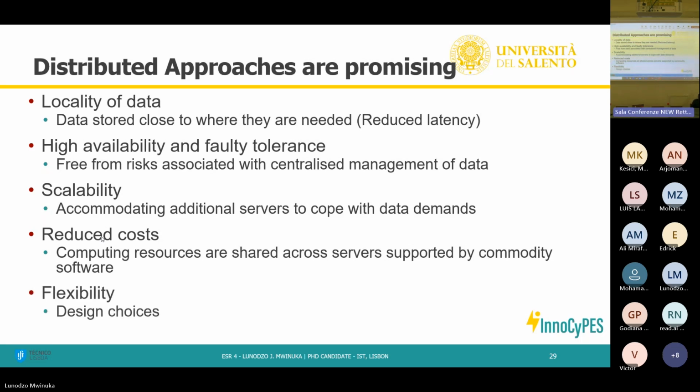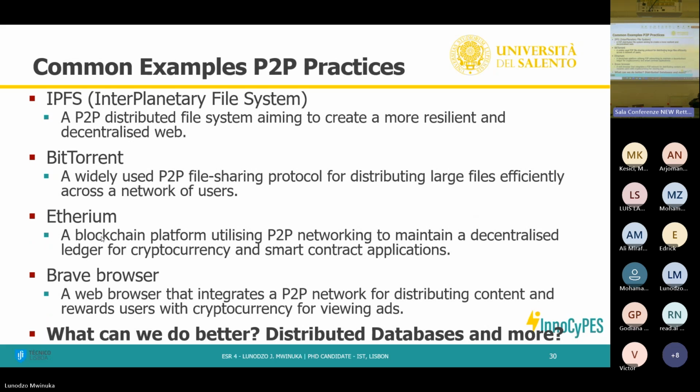One of the very important reasons is flexibility in terms of design choices. You can design in either way to fit your requirements, because now we have several requirements. In energy systems, we are looking at a certain perspective. And even in energy systems themselves, the design perspective might be different. Someone might want their system to look a certain way and some other person a different way. With these distributed approaches or peer-to-peer practices, we are already experiencing some of them in the market.